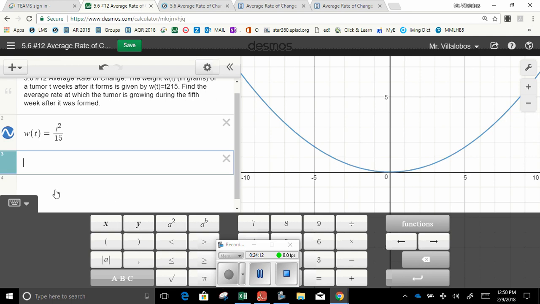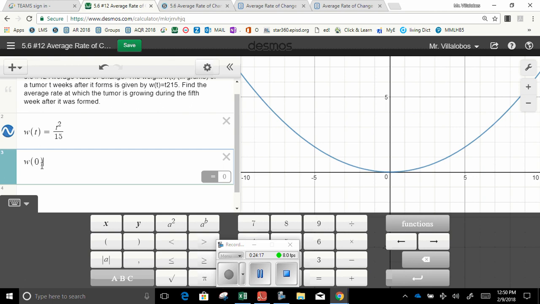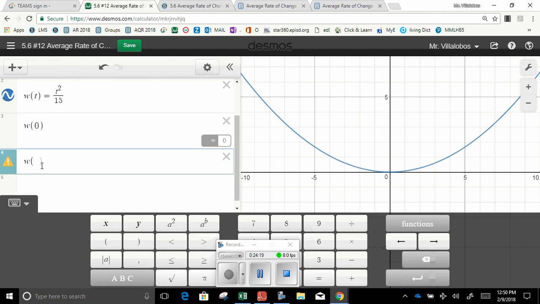There you go. Now, we have to find out what it is at 0. We have to find out what it is at 5 weeks. So that's what it is.